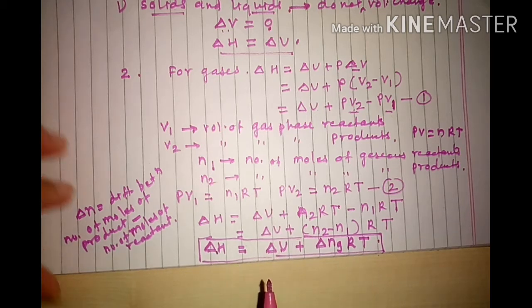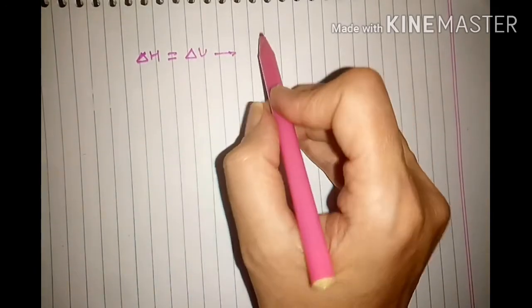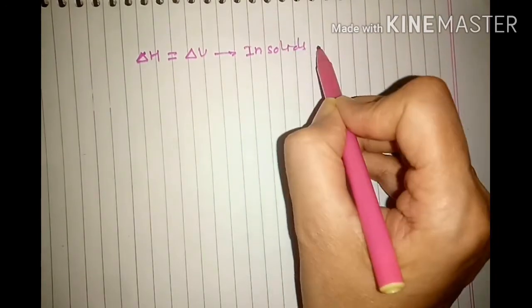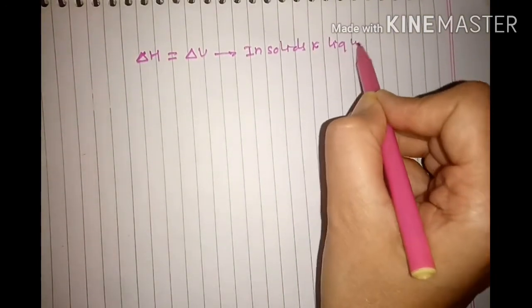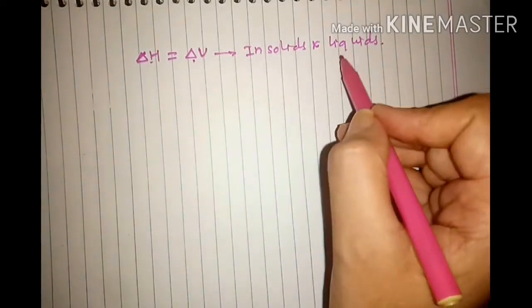Now here one question can be asked: at what conditions would delta H be equal to delta U? The answer you can write: in solids and liquids, where there is no change in volume, delta H would be equal to delta U. We had talked about this earlier also.